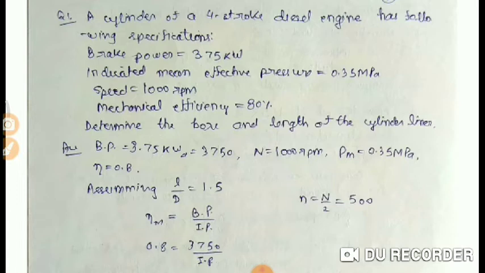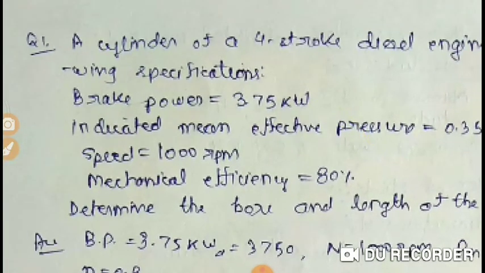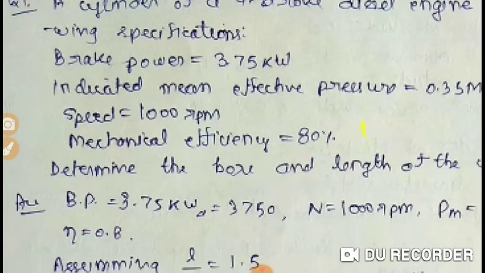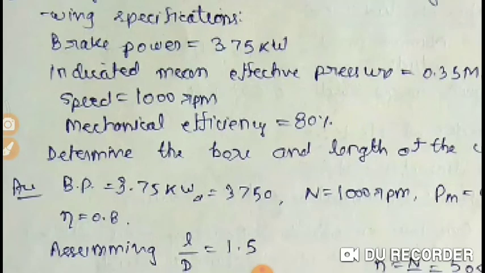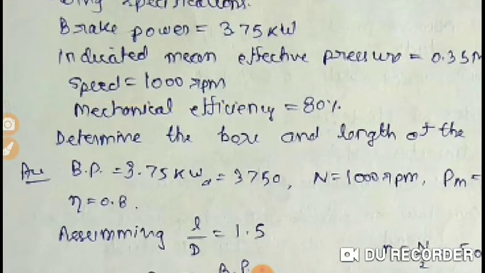Brake power is given, indicated mean effective pressure is given, speed is given, mechanical efficiency is given, and it is asked to determine the bore and length of the cylinder liner. So bore and length are asked.